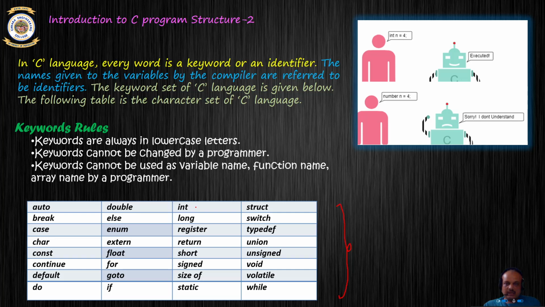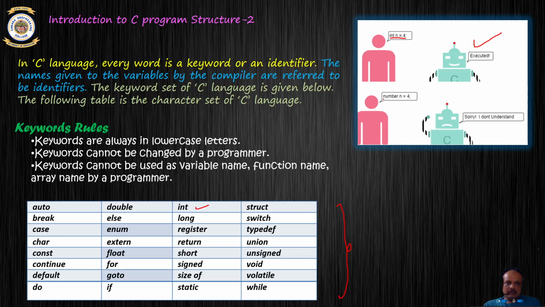Let us take an example, say int as the keyword. If the programmer writes int n = 4, the compiler understands and executes this line of code. It infers that there is an integer variable called n, which gets the value 4.